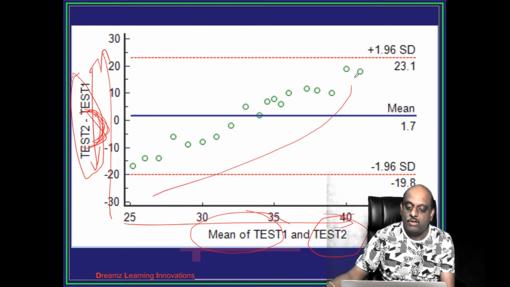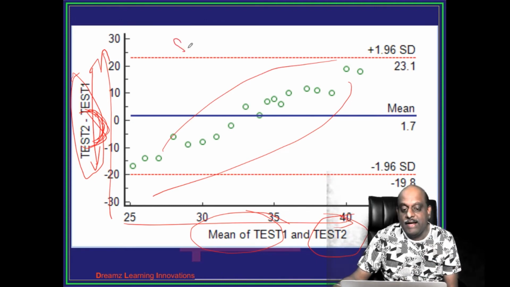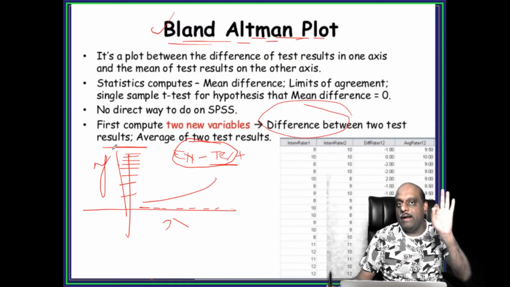Then you get a plot which will tell you whether there is any difference between a gold standard test and the new test. So that is the story of Bland Altman plot.